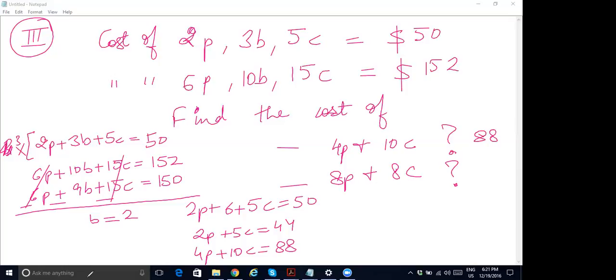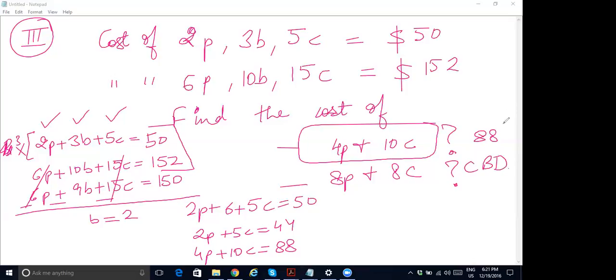How do you do the second part? Now the point is, we have two equations and we have three variables. We were fortunate to figure out the earlier value. We cannot find the values uniquely since we have three variables and two equations. So 8p and 8c we cannot find. So cannot be determined is the answer for this one, and for this one it is 88.